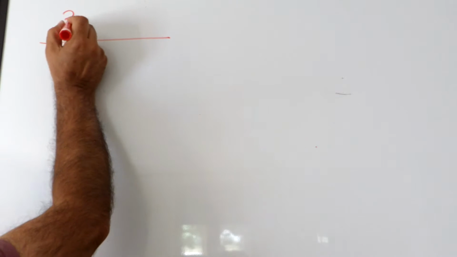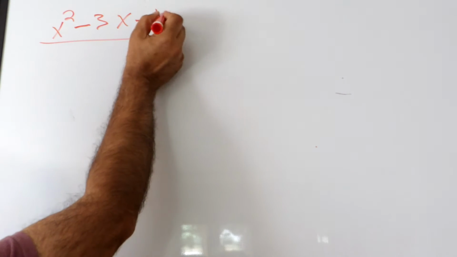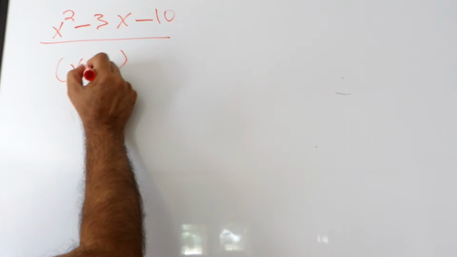Okay. Let's solve some examples. Like you have x squared minus 13x plus 42 over x minus 7.